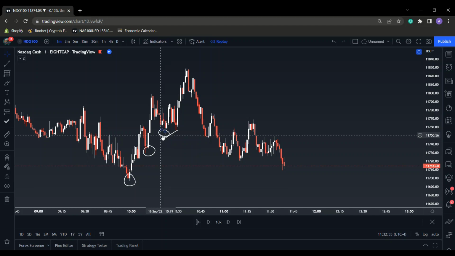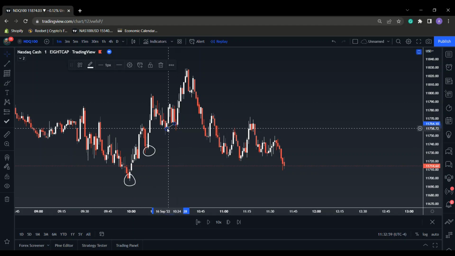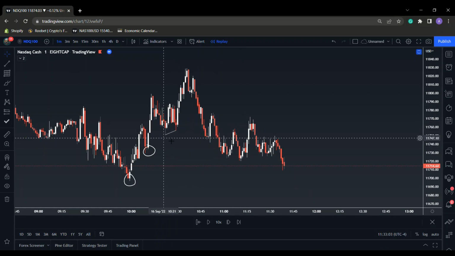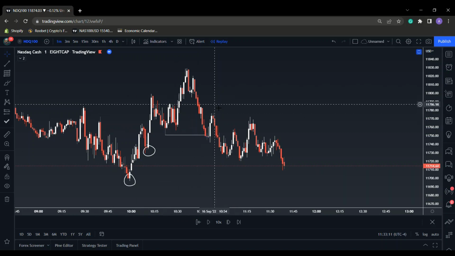So we'll mark this like this, right? This kind of acted as liquidity, but this was the last higher low, the swing higher low.